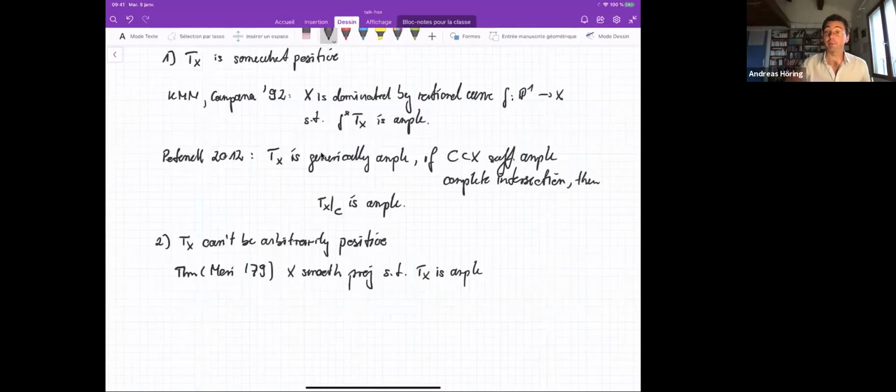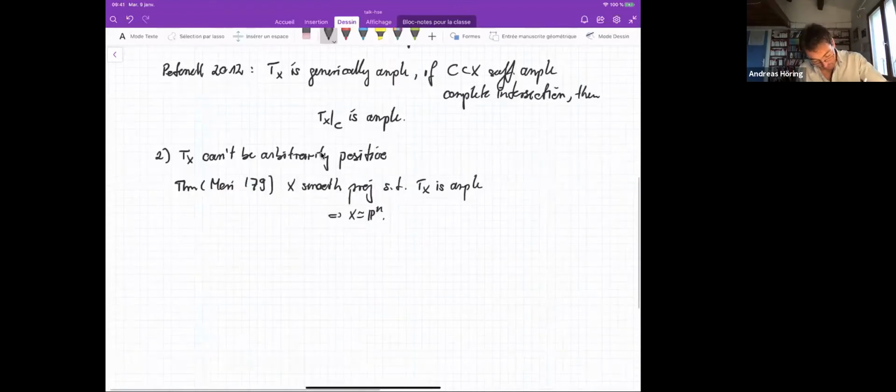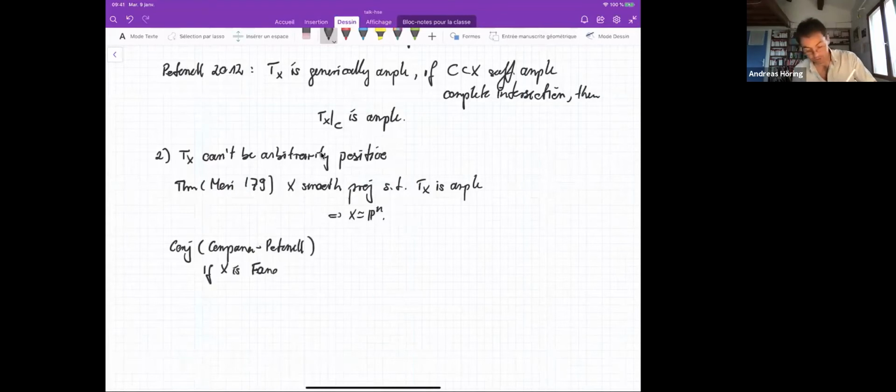Certainly there's an upper limit for the positivity of the tangent bundle.